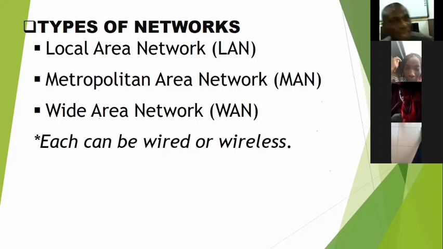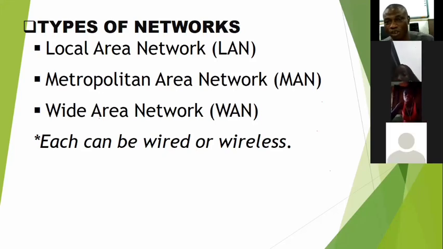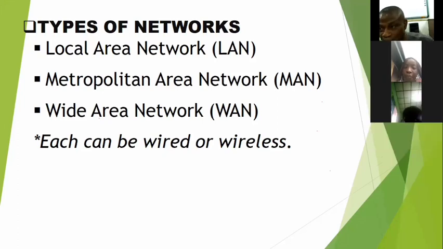For instance, if there's a network of computers between Unical and Crutech and College of Health Technology and other associated institutions within Calabar, maybe up to Government House, up to the Naval Barracks, and so on, University of Calabar Teaching Hospital, up to the University Library, up to maybe any bank in the city that has connection with the university, all of them linked together within the same metropolis or town is said to be a metropolitan area network.